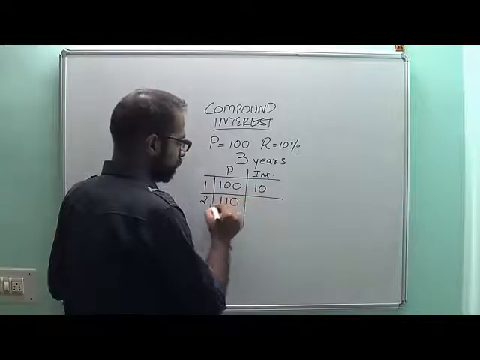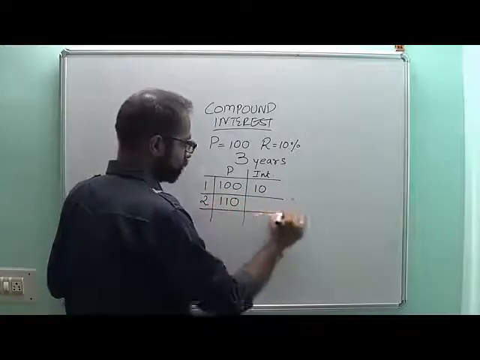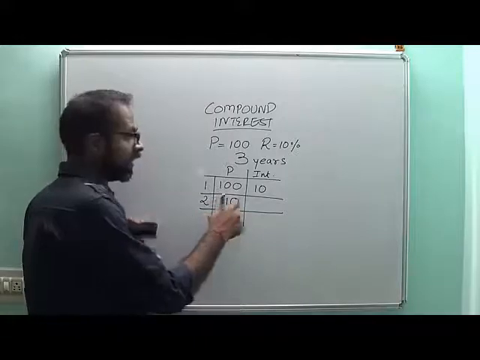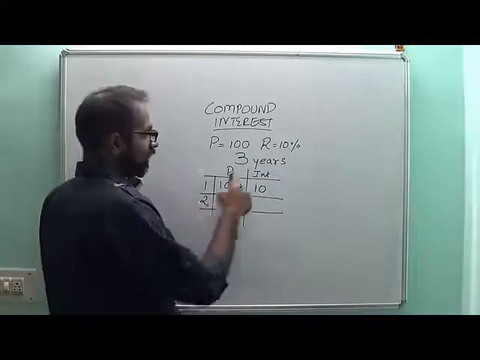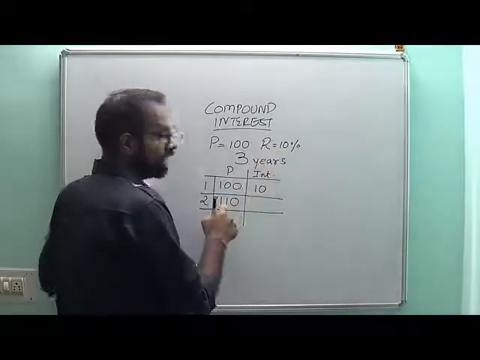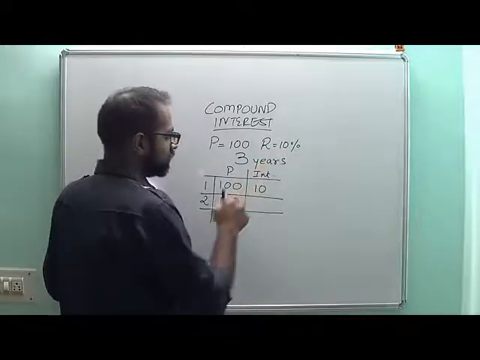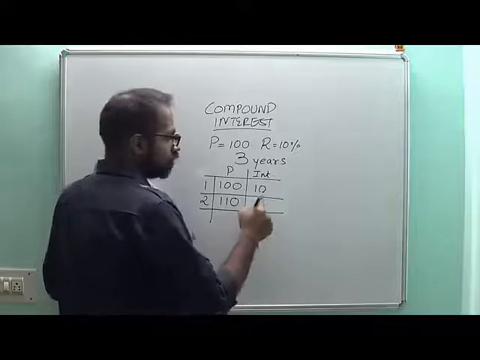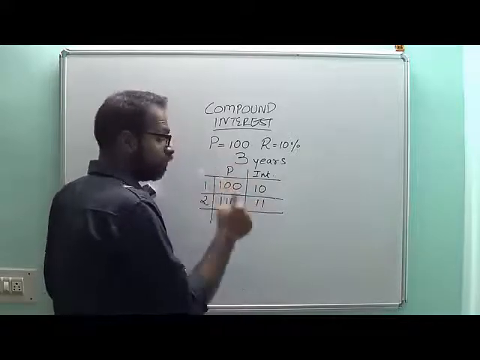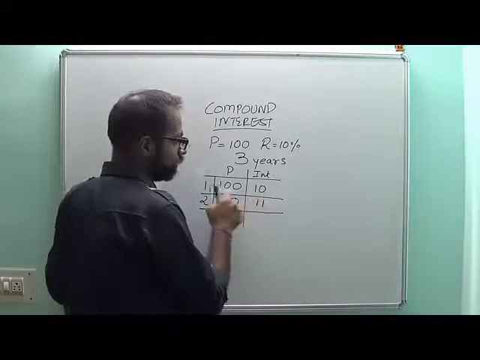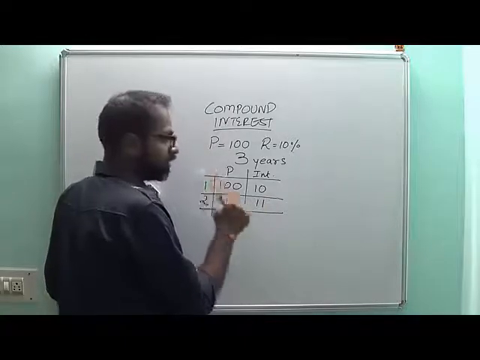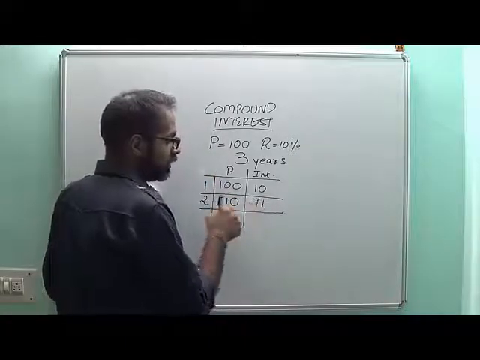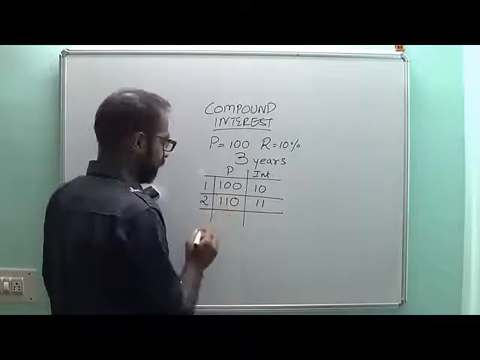My principal amount is now to be taken as rupees 110, and for the second year, I earn 10% over this 110. So 10% of 110 is 11 rupees. So as you can see, in simple interest, I would just have earned rupees 10 over the basic 100. But because it is compounded, I am earning rupees 11 because it is 10% of 110.